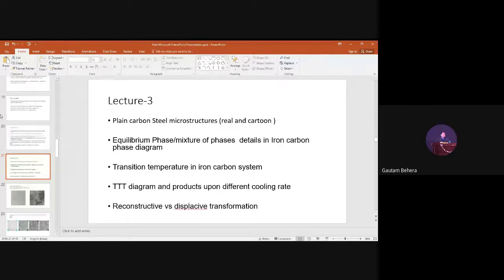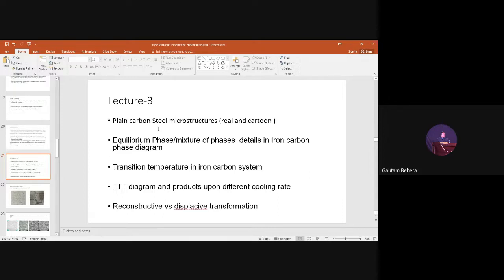Okay, today is lecture number 3 of this advanced concepts in steel technology, and today we're going to discuss microstructures, which are very important because, as you know, microstructures always affect the properties, right?